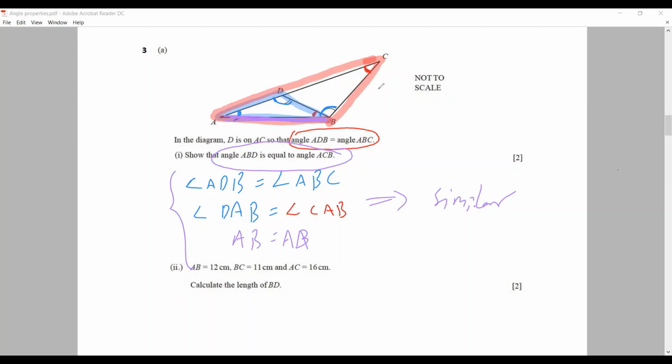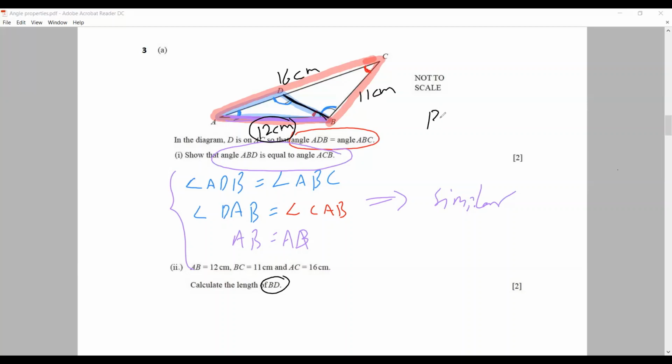So we have AB, this one at the bottom, this is 12 cm. BC, this one is 11 cm, and AC is 16 cm, and they're asking to calculate the length BD.